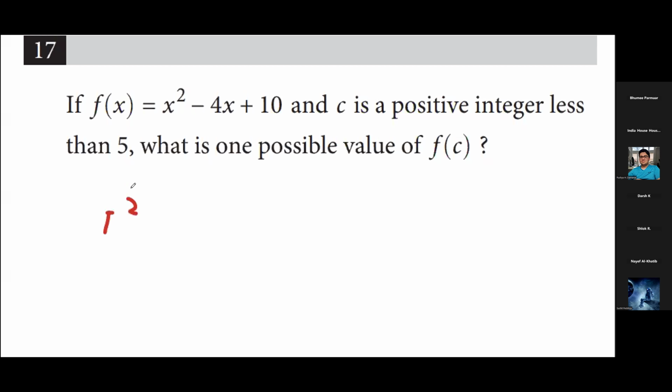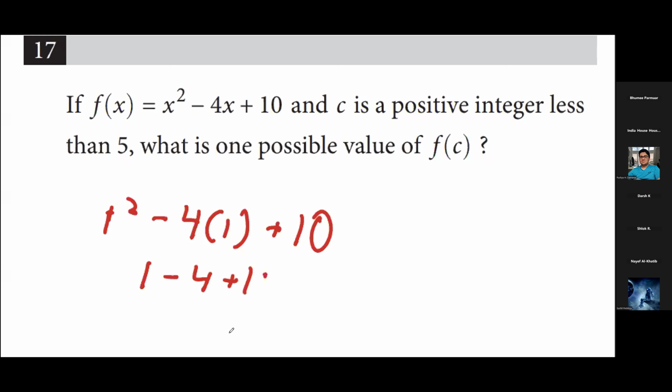So 1 squared minus 4 times 1 plus 10. That gets us 1 minus 4 plus 10, which is equal to 7. So one of the correct answers you could have put is 7.